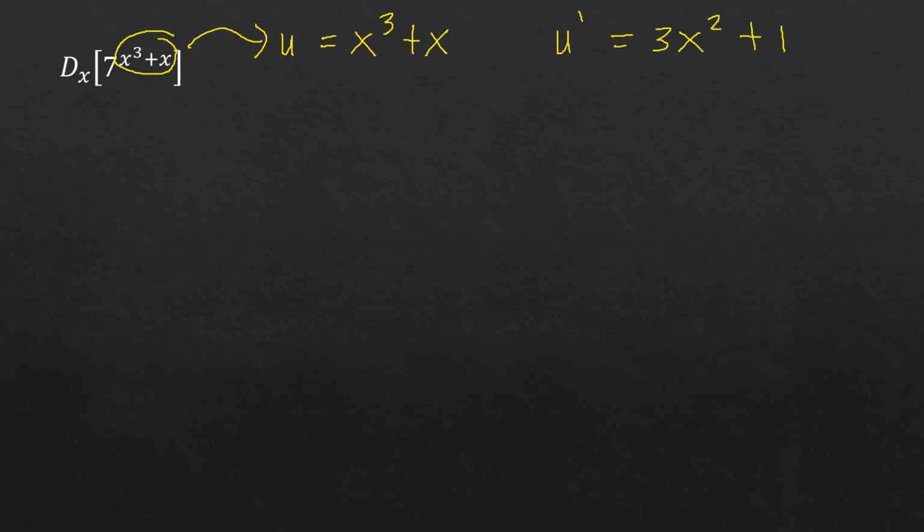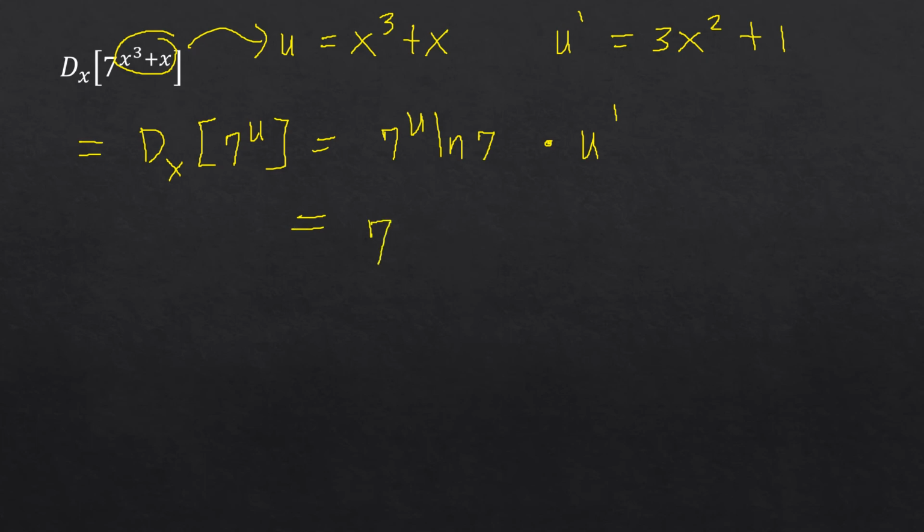So in this case, we have x cubed plus x, let that be our u, and then to get the derivative of that, we use the power rule, so we have 3x squared plus 1. Therefore, this will now be the derivative of 7 raised to u is equal to 7 raised to u ln of 7, the rule of exponential, times the derivative of u.